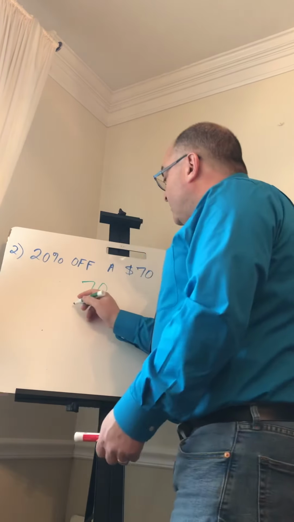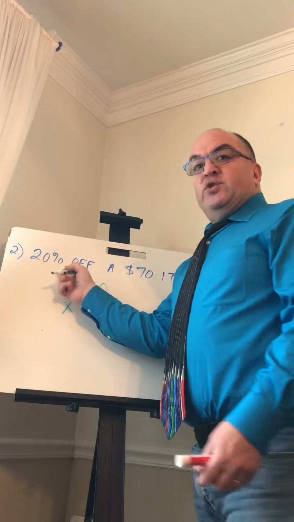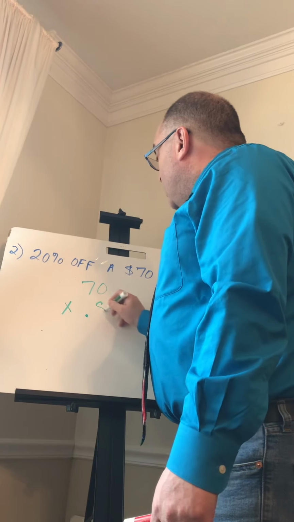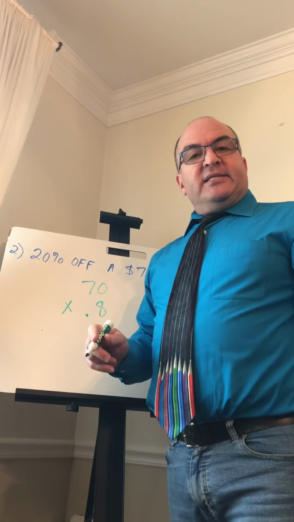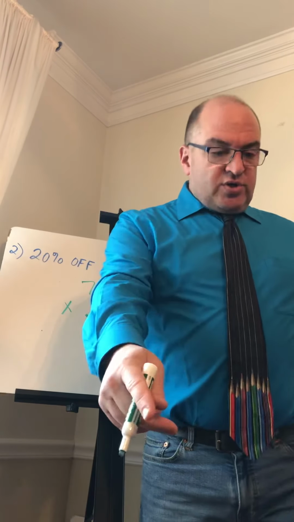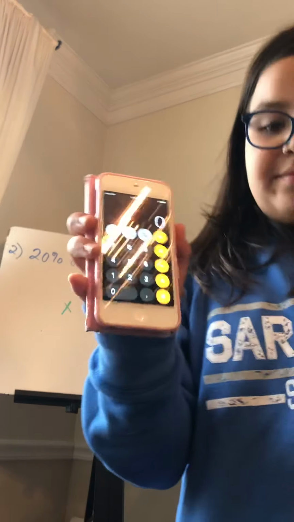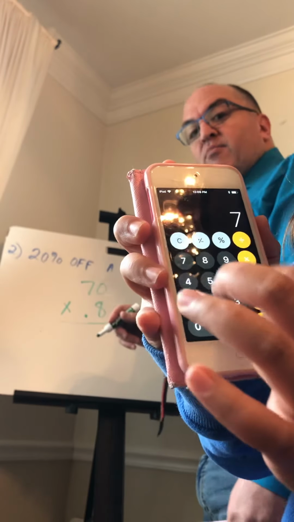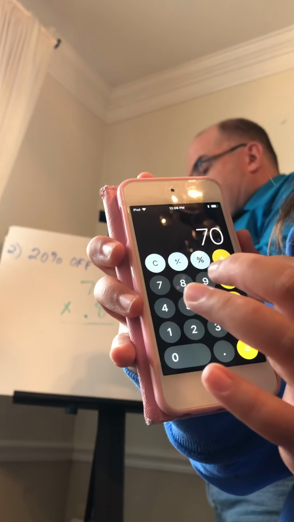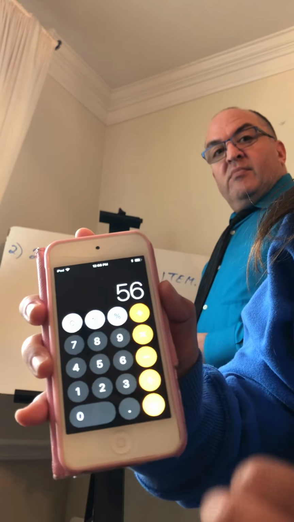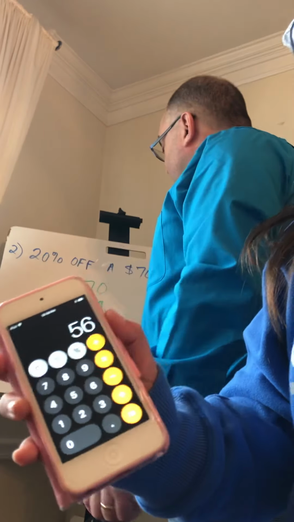And instead of multiplying by 0.20, she's going to multiply by 0.80. 0.80 is the same as 0.8. So, Adriana, would you show them on your calculator how you do that? She's going to do 70 times 0.8 and see that she gets 56. Yep, that was 56.